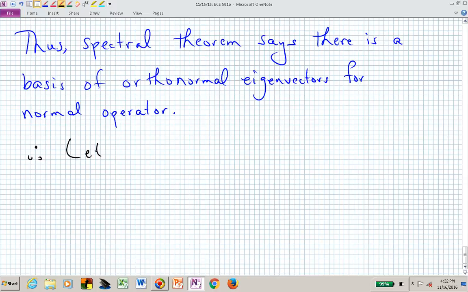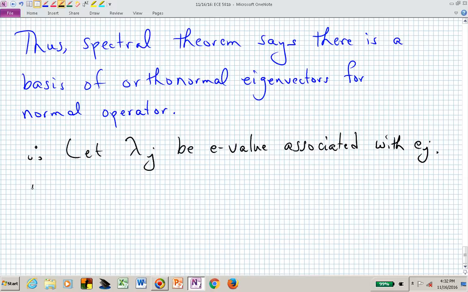Therefore, let's go ahead and just label the eigenvalue lambda sub j. Let lambda sub j be the eigenvalue associated with the jth eigenvector. And we just now said from the spectral theorem we have an orthonormal set of eigenvectors for that normal operator.